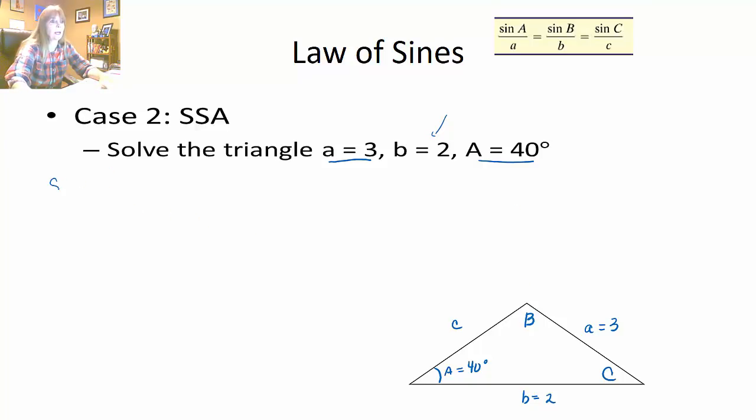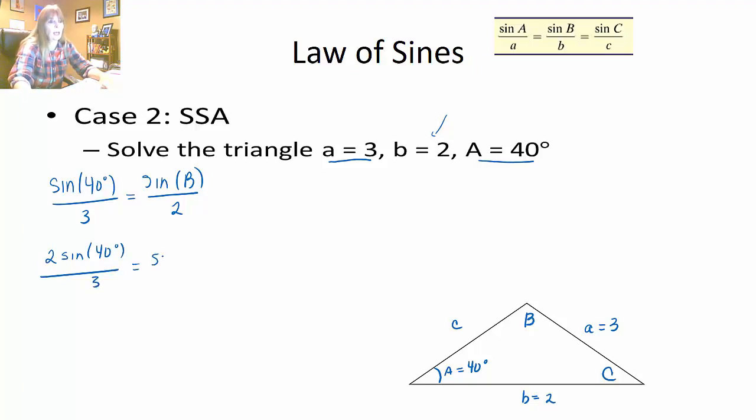So in other words, I have the sine of A, which is 40 degrees, over A, which is 3, equals sine of B, which I don't know, over B. So now this becomes sine of B equals 2 sine 40 degrees over 3. Do you remember how to solve that for B? Sure you do.